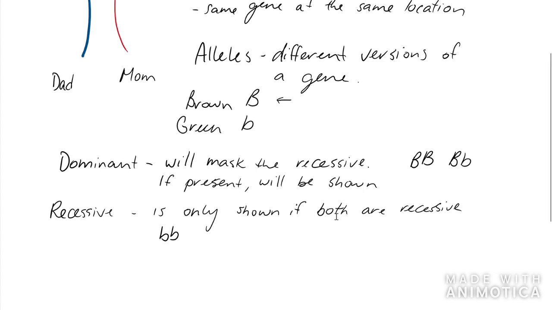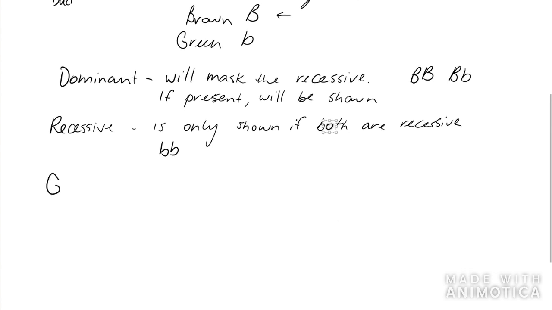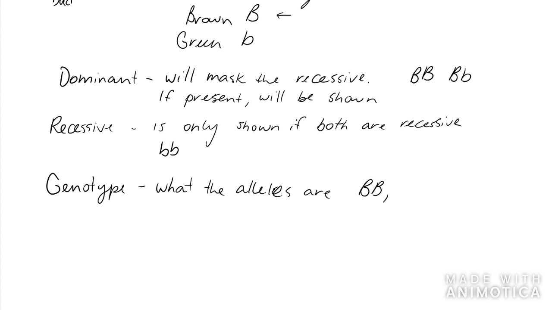This gets us into our phenotype and genotype. So genotype is what the genes are, or what the alleles are. So this will be our big B, big B, big B, little b, little b, little b.